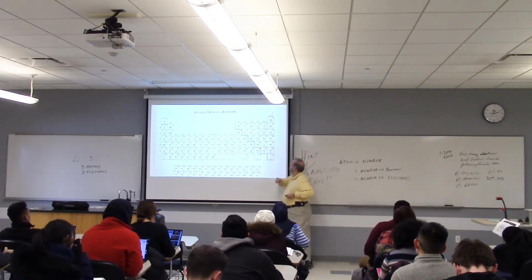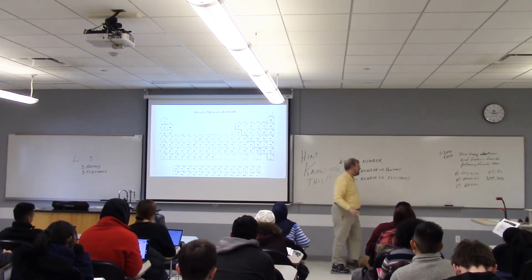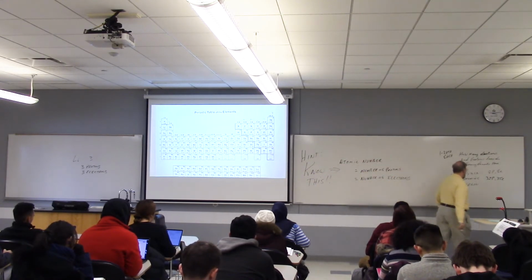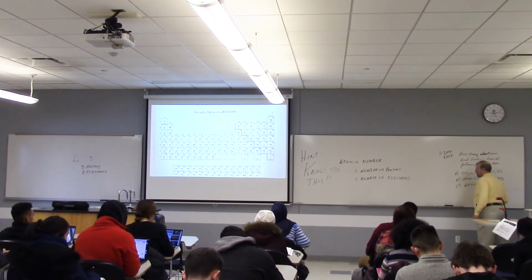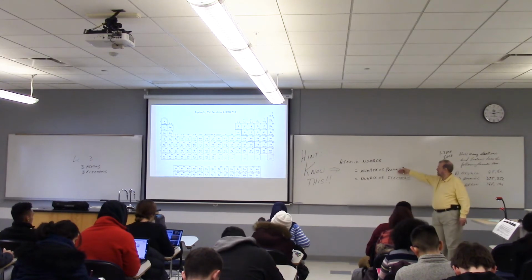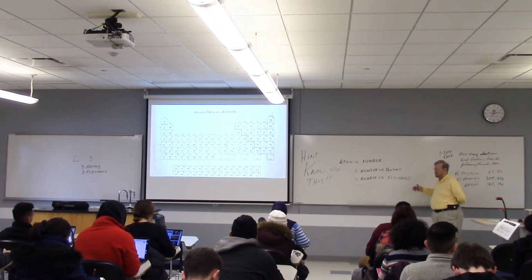It's a noble gas. What's its atomic number? 18. Therefore, how many protons, how many electrons does argon have? 18 protons, 18 electrons. Again, you should know the atomic number, which is a very important number, gives you the number of protons and the number of electrons.